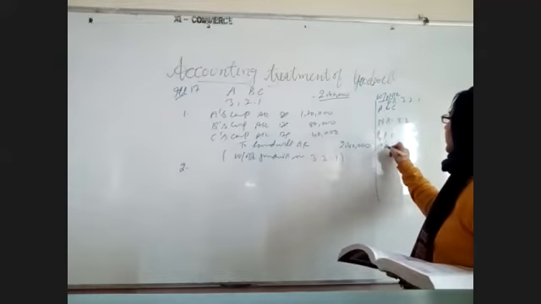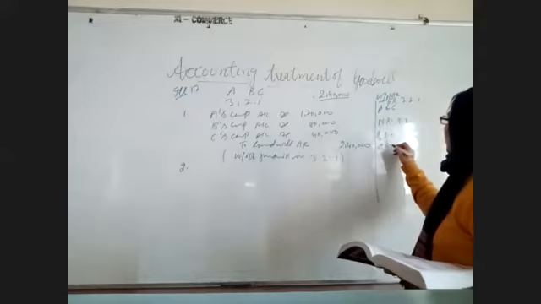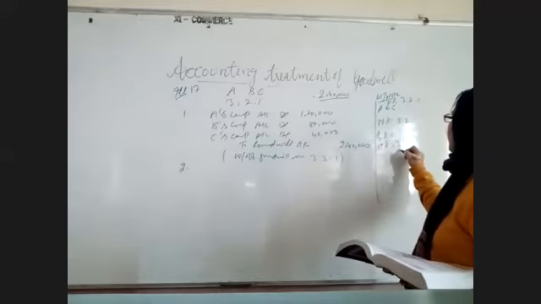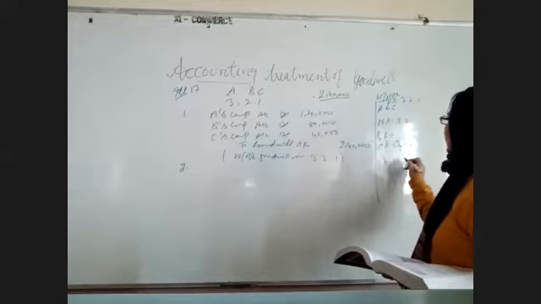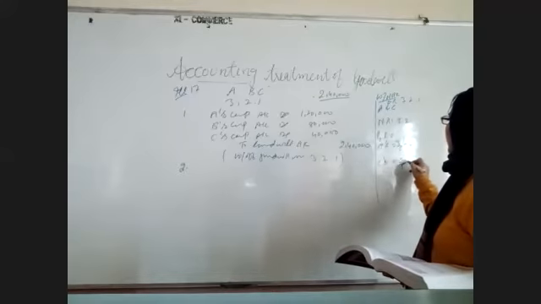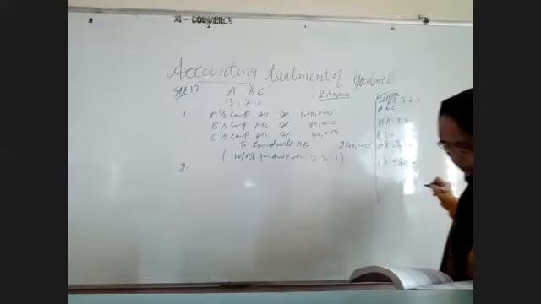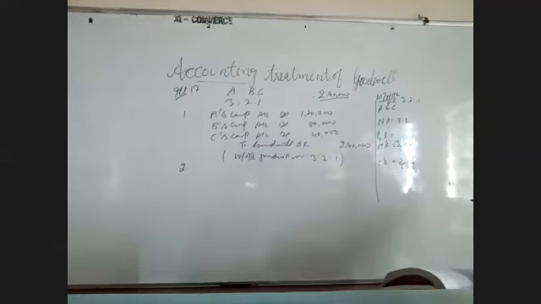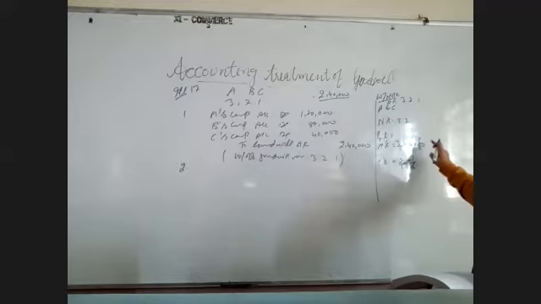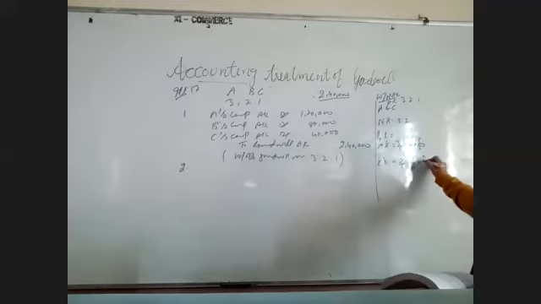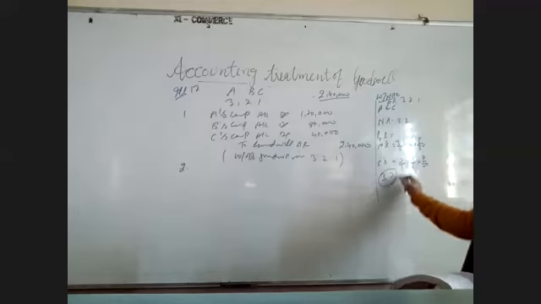A's gaining ratio 3/5 minus 3/6, and C's gaining ratio 2/5 minus 1/6. It will be 3/30 in case of A, and in case of C it will be 7/30. So gaining ratio will be 3:7.